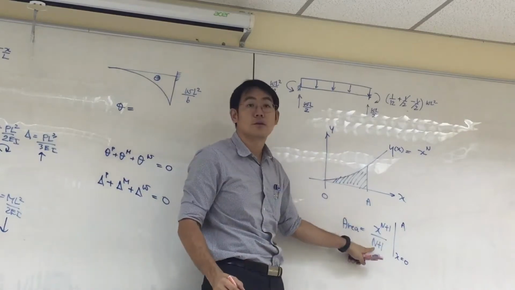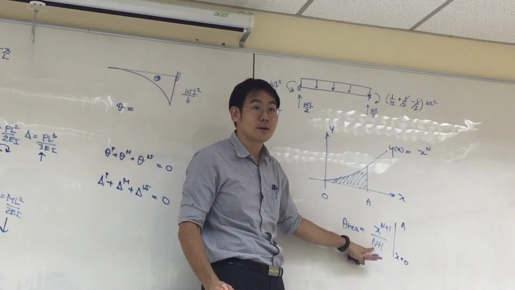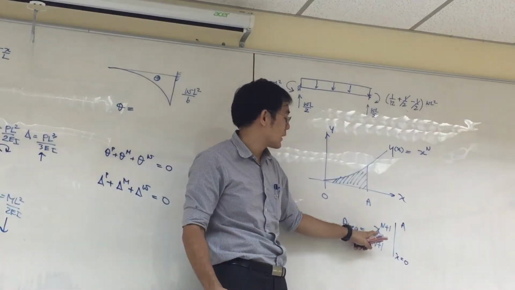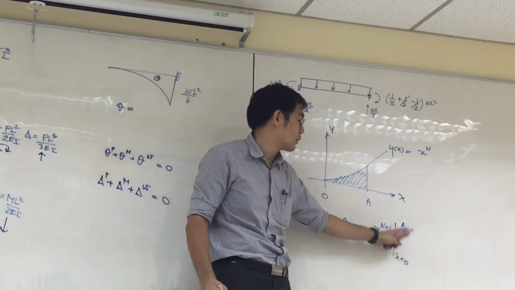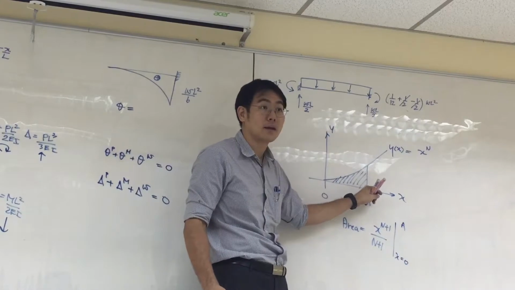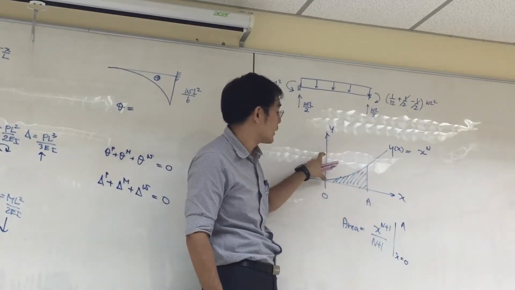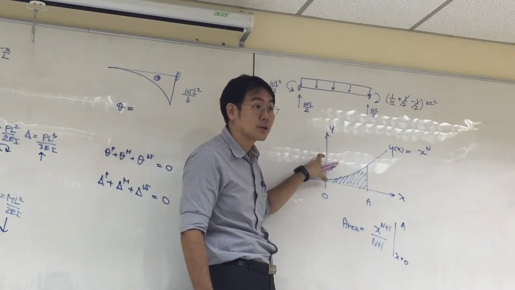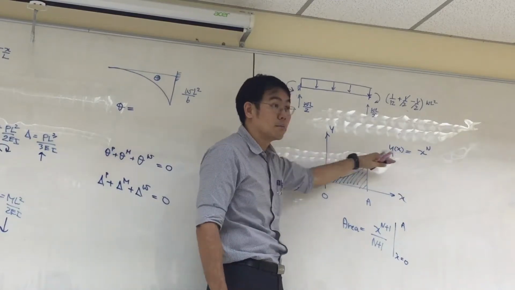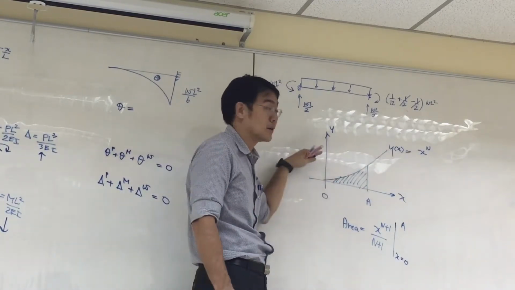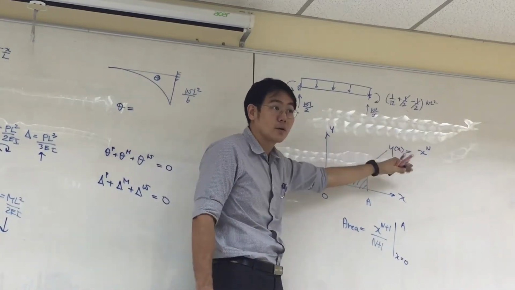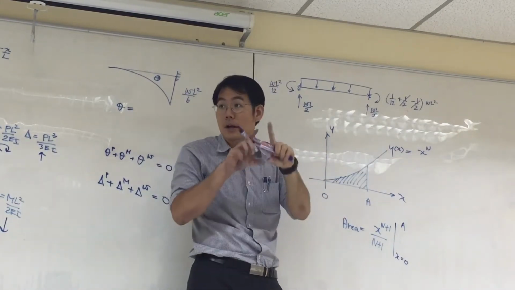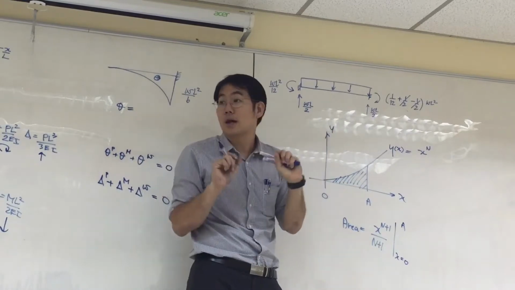You plug in n equals 0 here, you get x, evaluate from 0 to a, turns out to be a. And then the constant in front of the x, which is the magnitude of this uniform function, so you end up with the area of the rectangle shape.